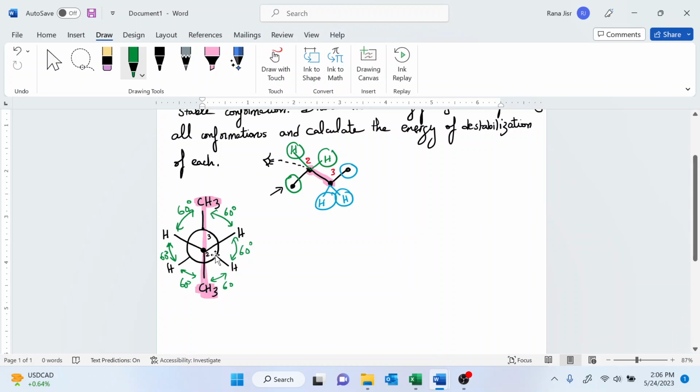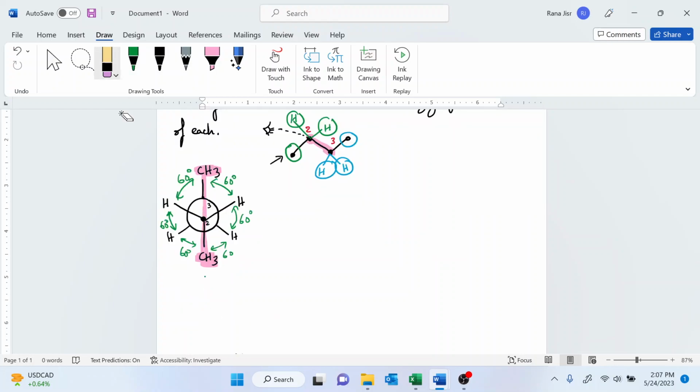That way, whenever I look at this Newman projection, I know it is made up of 1, 2, 3 carbons, and then 4. This is a 4 carbon chain, with hydrogens on the sides. This type of conformation we call an anti-conformation. It's anti because your large groups, the CH3s, are 180 degrees apart.